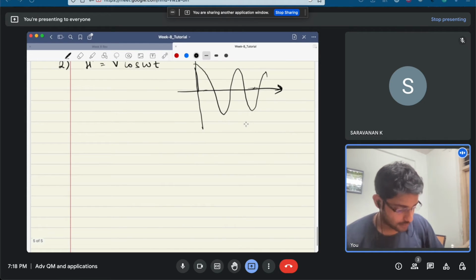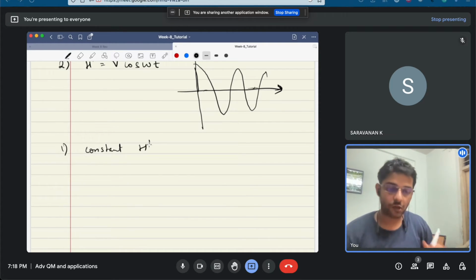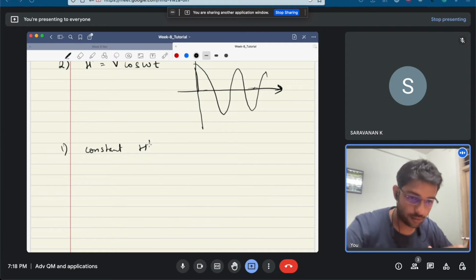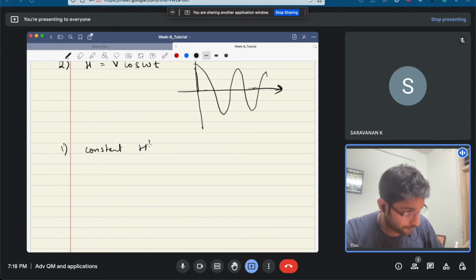So let's consider first the constant H prime. Now when it's constant you can actually take it out of the integration, and we are only left with the exponential part to integrate over. So let's first do it for Cm of t.